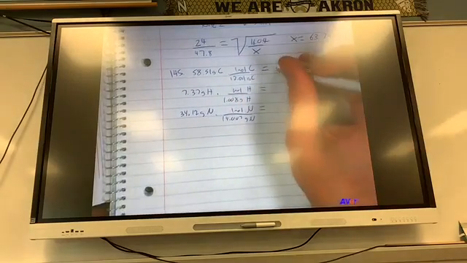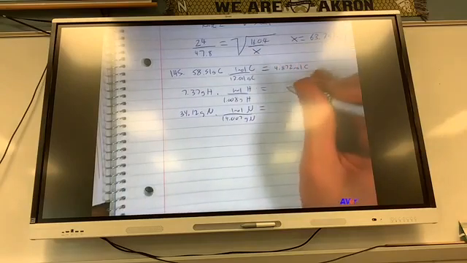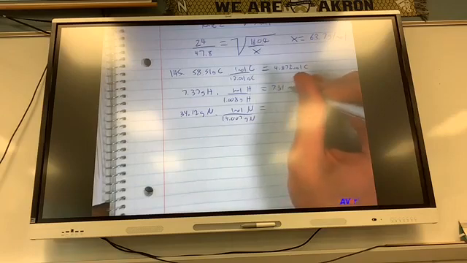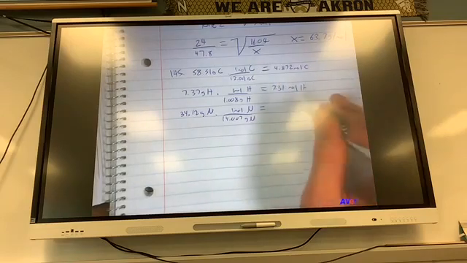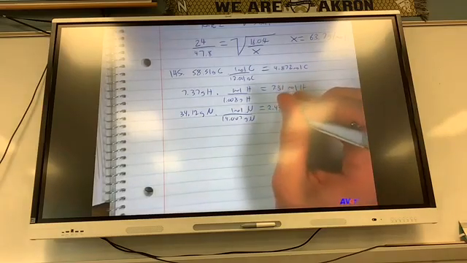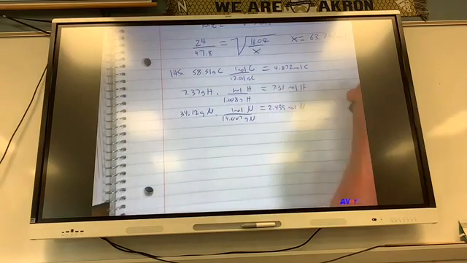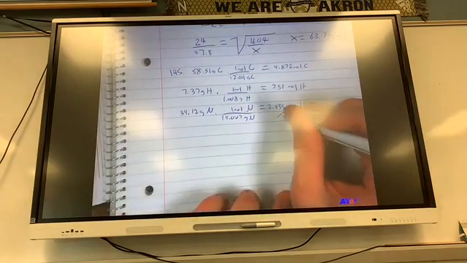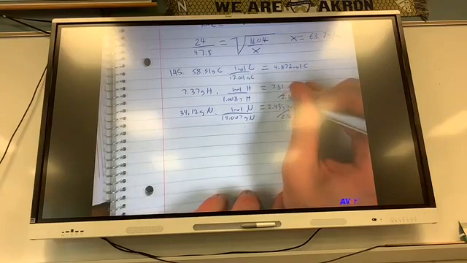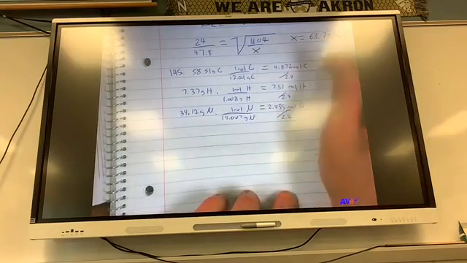So I got 4.872 moles of carbon. I got 7.31 moles of H, and I got 2.435 moles of N. Divide by the smallest. Divide by 2.4, divide by 2.4, divide by 2.4 equals 2, equals 3, equals 1.